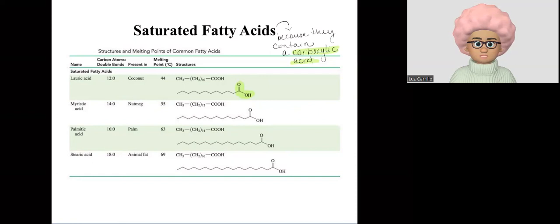And lastly, we have stearic acid, which is one of the fatty acids that is mainly found in animal fat, which has 18 carbons. In the structure of each of these fatty acids, we can observe that the carbon-carbon and carbon-hydrogen bonds are single bonds.